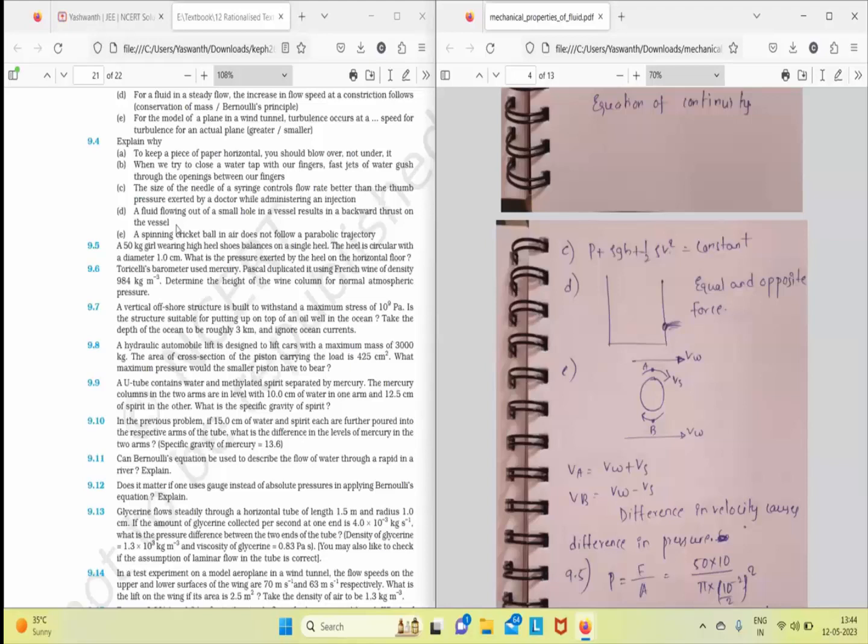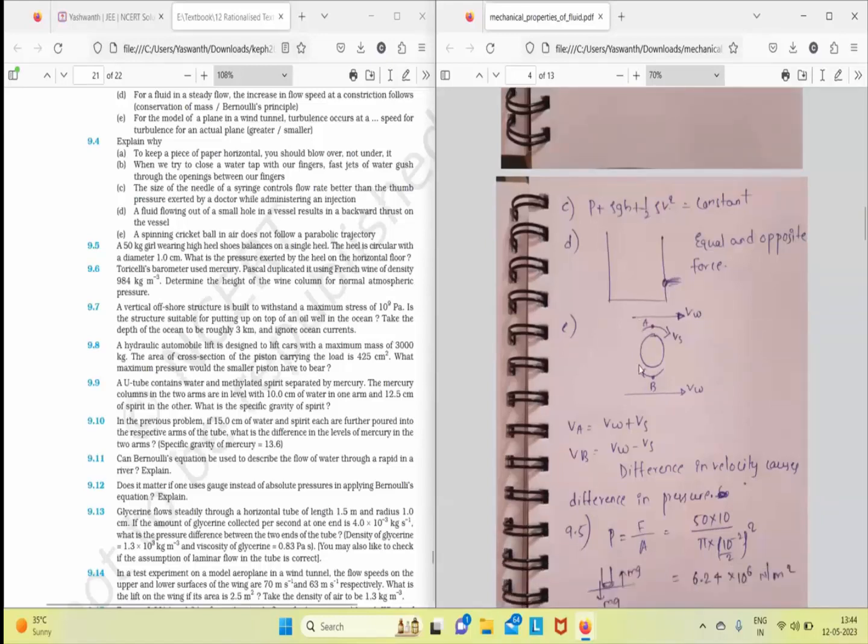And Newton's law says that for any force there will be an equal and opposite force, right? Suppose if you hit the wall, your hand will pain because the wall will also exert the same equal amount of force on your hand. In the same way, whenever the bucket tries to push the water outside, the water also tries to push the bucket backward.